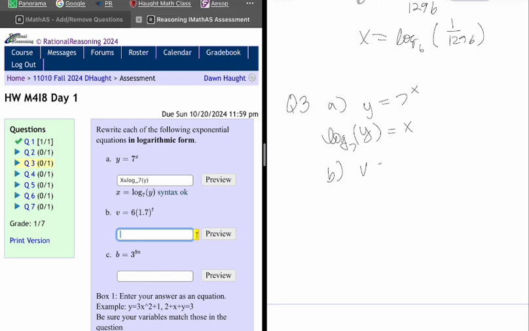Here's my problem with this particular number, question 3B, please. Let's look at what's wrong with that, or what's causing issues. See this number on mine here, this 6? That 6 is causing an issue. You have to divide off the 6 first. So you get v over 6 equals 1.7 to the t before you turn it into logarithmic equation. Okay, so our base is 1.7, our power is t. So t is the log base 1.7 of the fraction v over 6.